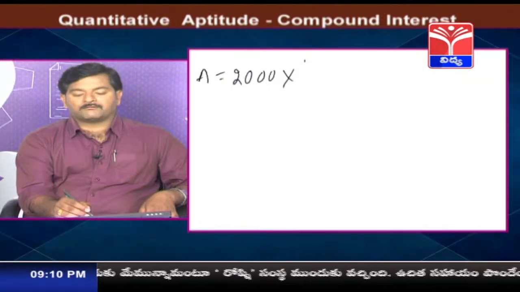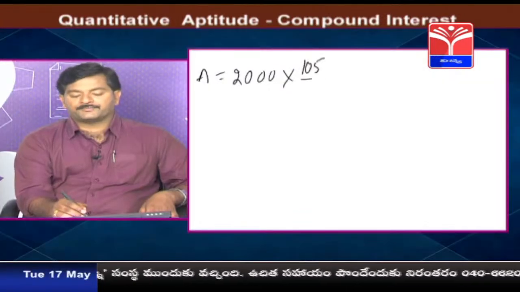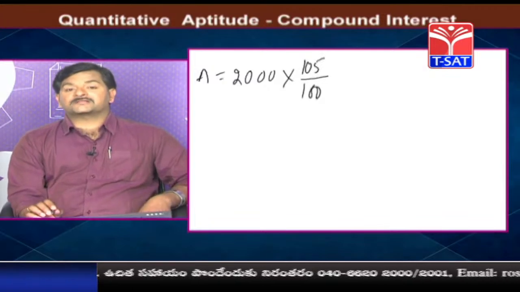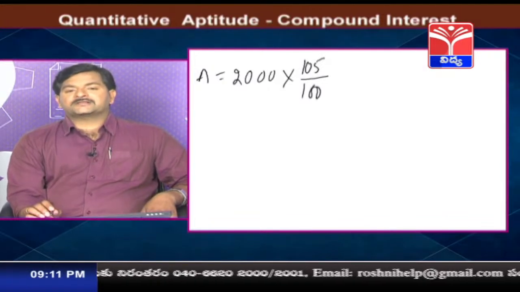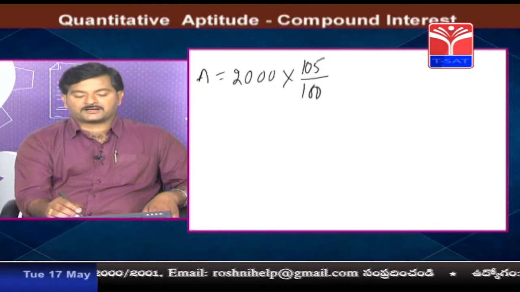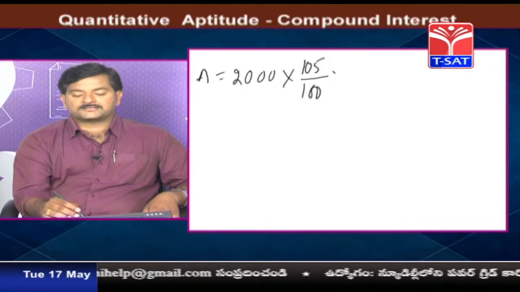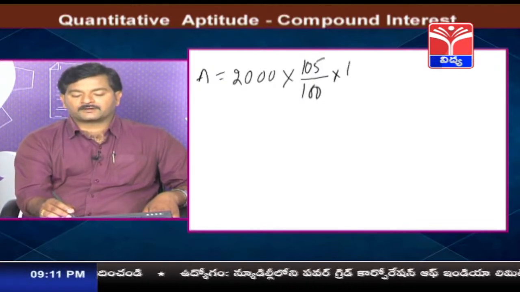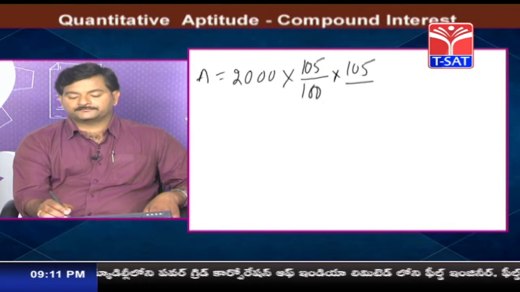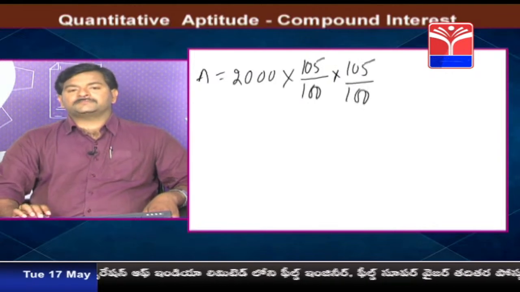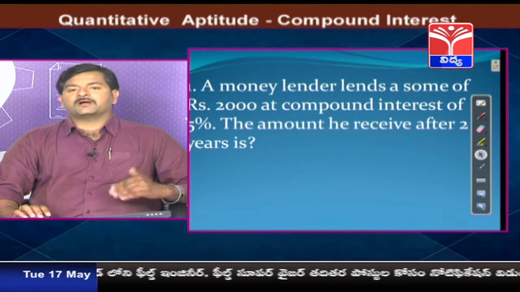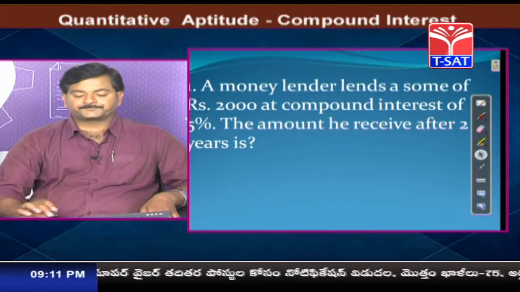So simply here I am getting 105 by 100, or simply 105 percentage. 105 percentage can be written as 105 by 100. Simply, this is the amount obtained for 1 year, but he lends the amount for how many years? After 2 years.